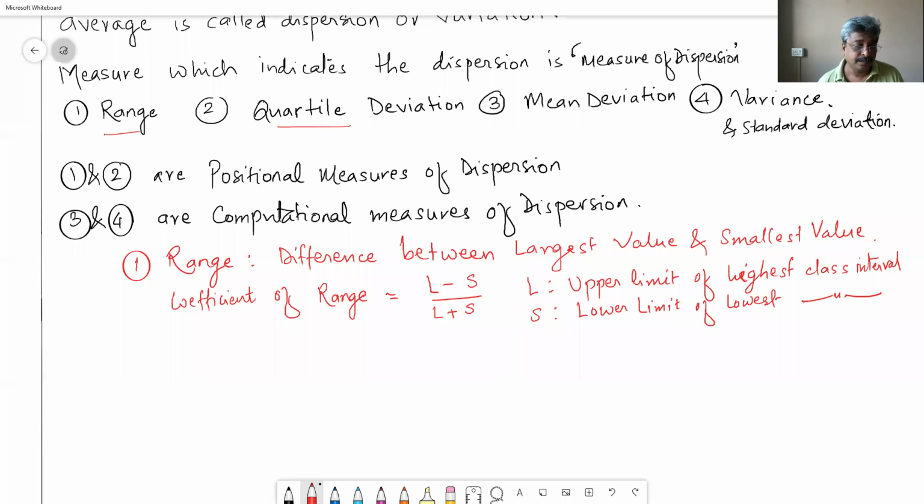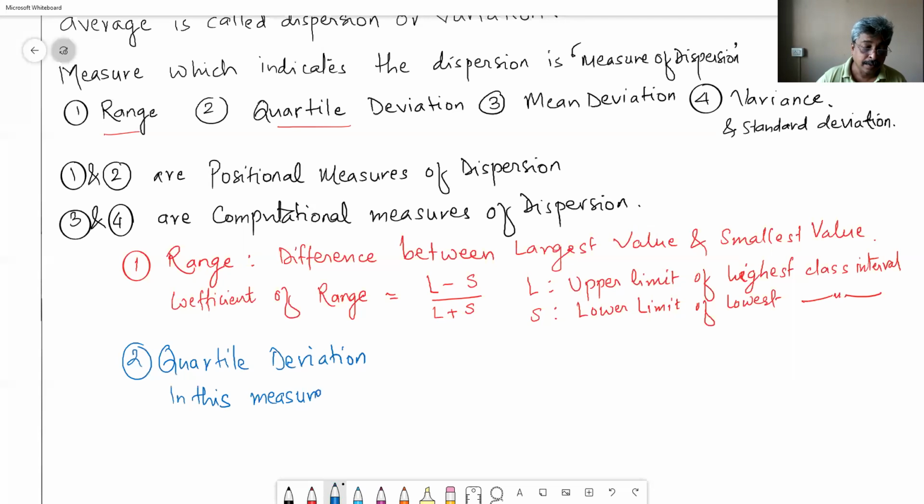Quartile deviation. In this measure, the middle 50% of the distribution is included.